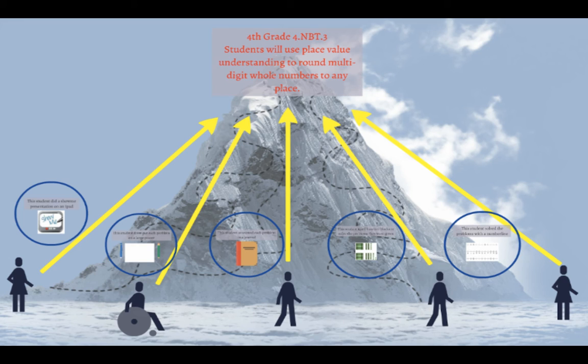One way to access that might be on a worksheet, with paper and pencil, where they're showing you how they're using place value understanding to round. But I could very well get that same level of understanding of whether students can use place value to round if they were to create a whiteboard on a whiteboard app like Show Me or Explain Everything or Seesaw, and they're able to show it in that way.